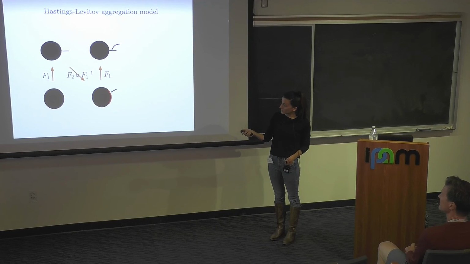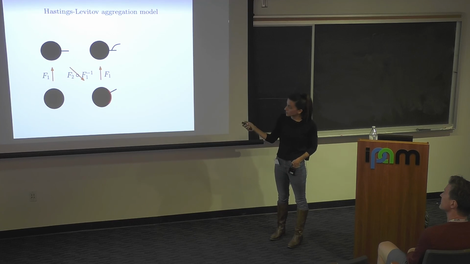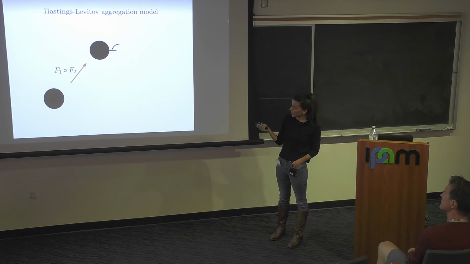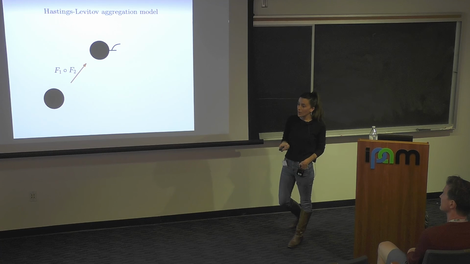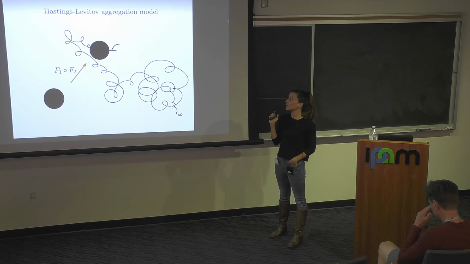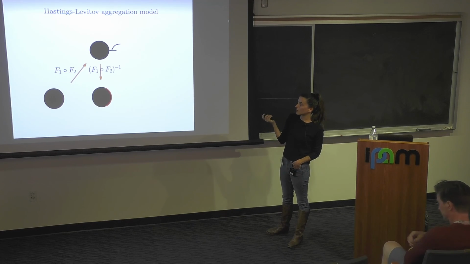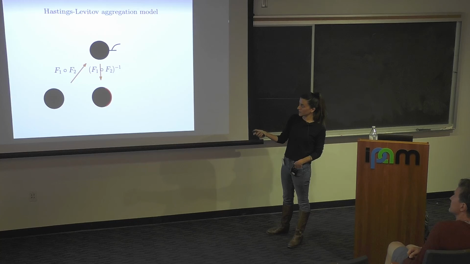Now F1 will act on this slit, and it will deform it. So the second particle will not be exactly a slit in the actual cluster. And if you compose these two maps together, what you've done is simply compose F1 with F2. And now you can keep on going. You release an independent Brownian motion from infinity, and in order to describe the hitting location, map out the first two particles by applying the inverse of the map that grows them up.